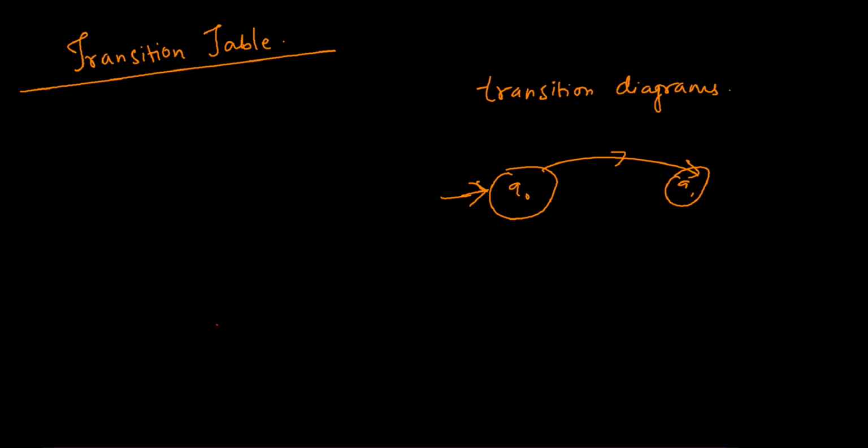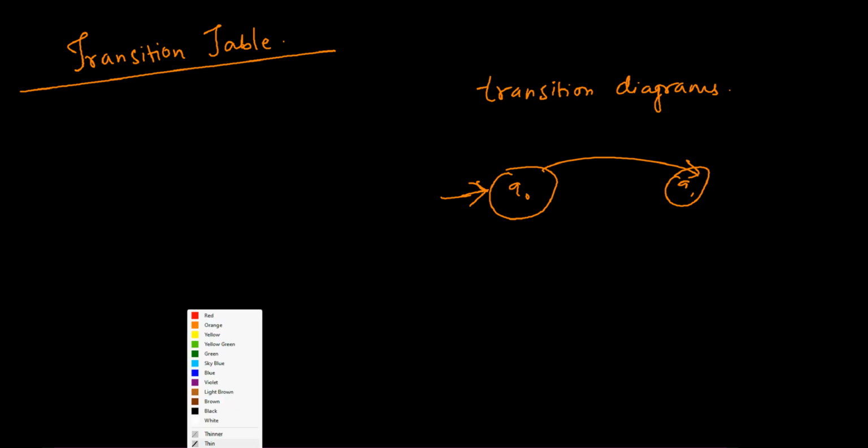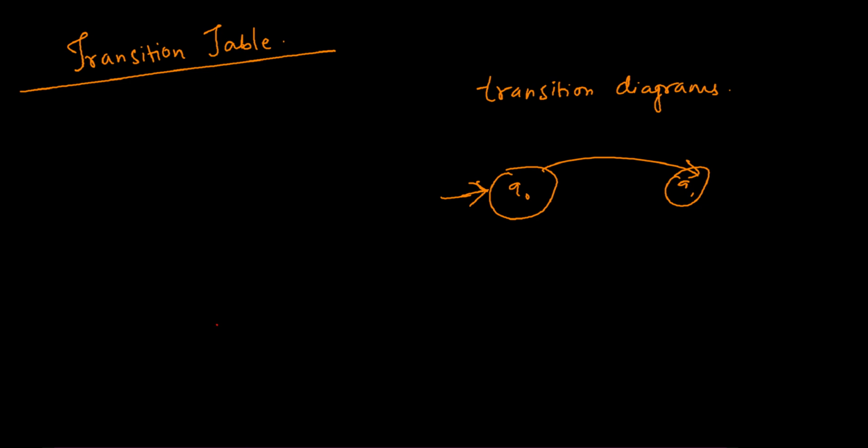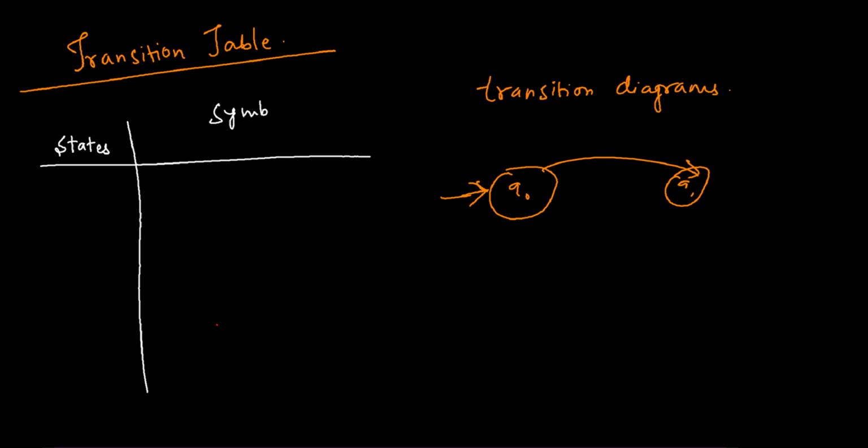Similarly, when you represent it using a table, it is called a transition table. In a transition table, you have states mentioned here, and here you have symbols.